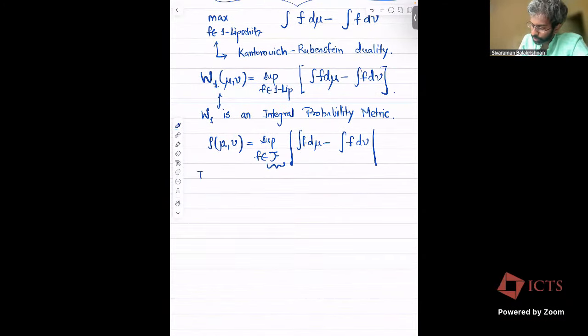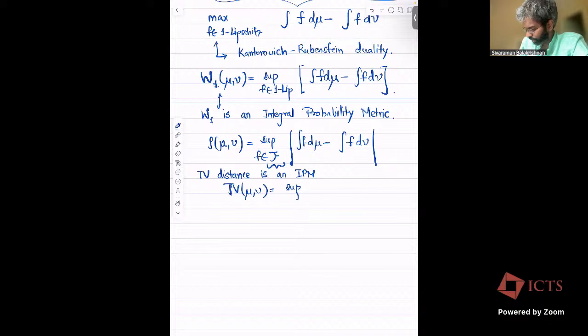The total variation distance is also an IPM. The TV between mu and nu also has a dual form like this.